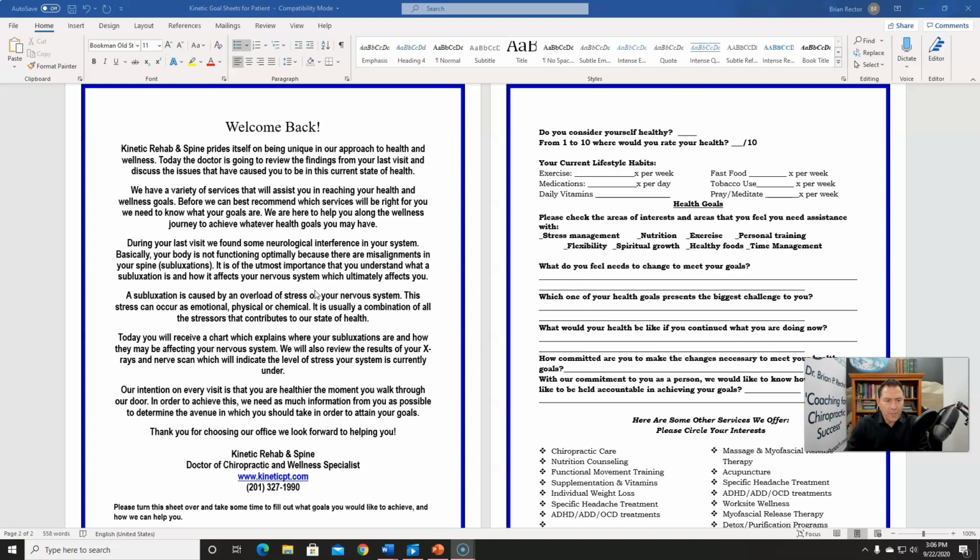And it talks about the physical, chemical, and emotional stresses. So we want to start planting the seed within the patient, understanding that emotional, physical, and chemical stresses all contribute to an overall issue with the patient or their signs and symptoms that they've come in with.